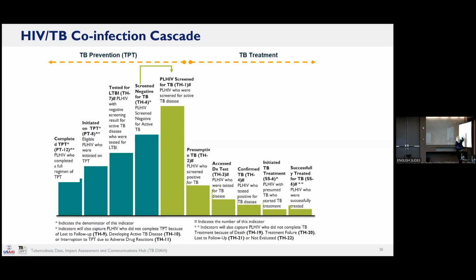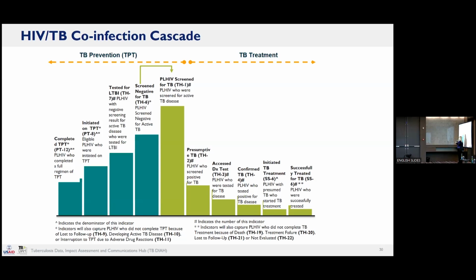So this is the number of patients that were screened for LTBI, these negative results, and these are those who were eligible for starting and who actually started the preventive treatment.